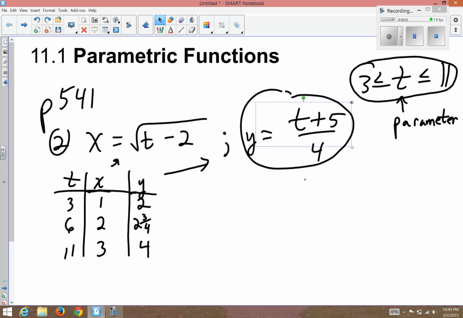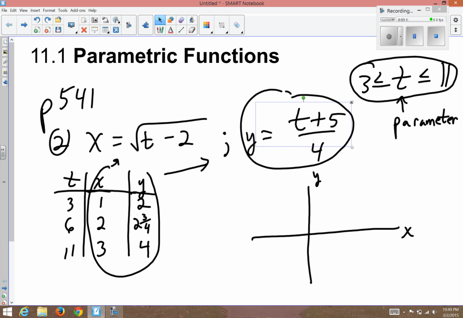So when we plot the graph, to sketch the parametric curve, we only have a y-axis and x-axis. There's no t needed over here. We're just going to plot these points. Point 1, 2. Point 2, 2 3/4.